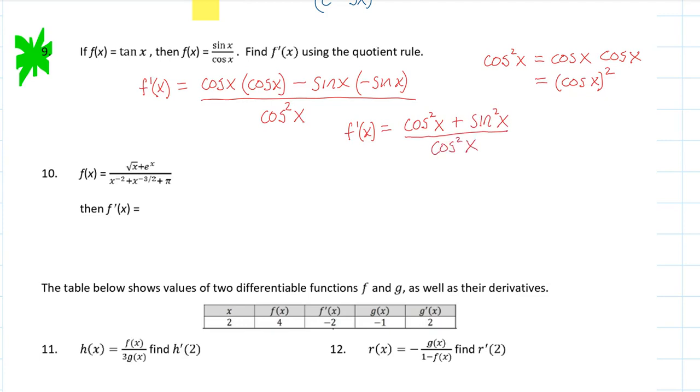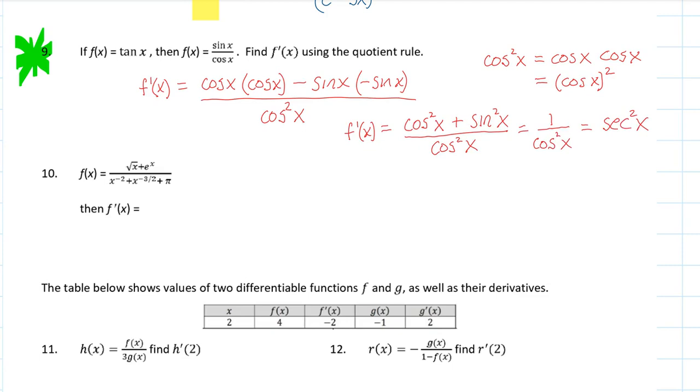And hopefully it wasn't that you can cancel the cosines, because you can't do that. Go back to trig for a little bit. Cosine squared x plus sine squared x is equal to 1, so we have 1 over cosine squared x. And 1 over cosine squared x is secant squared x.